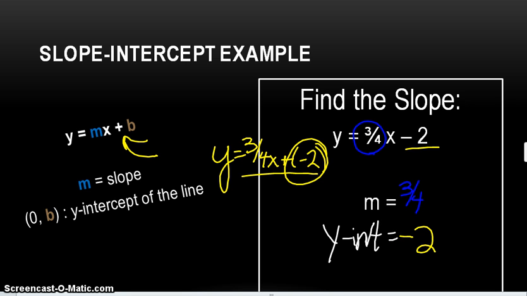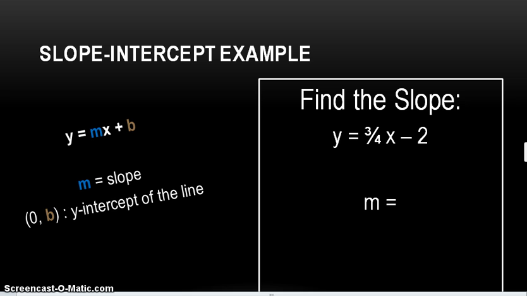Okay, so if we were to graph that, it would be a linear line, and it's going to cross that negative 2, and it's going to go up 3 and over 4. Okay, let's do one on your own. All right, so on this one, again, we want to find the y-intercept as well as the slope.